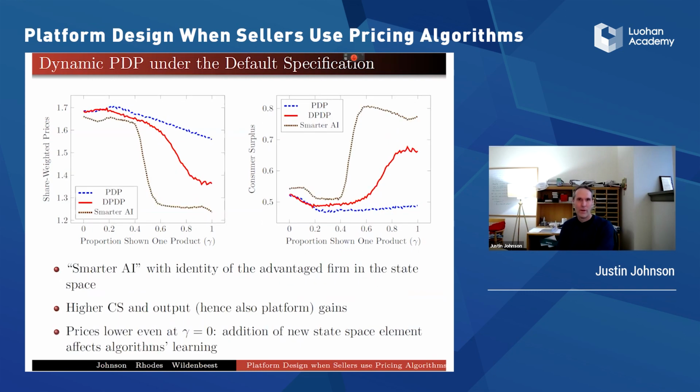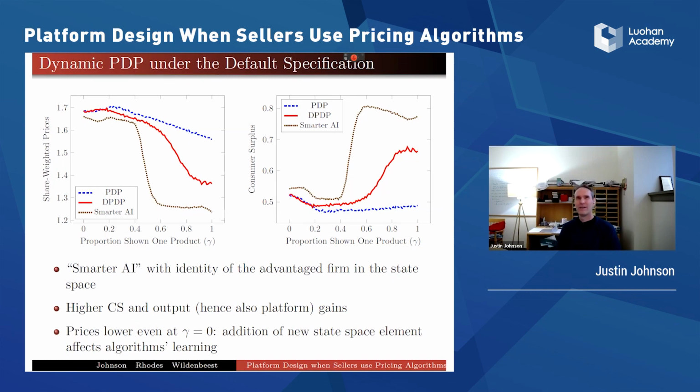We actually have a third policy, which is the same one as dynamic PDP, but we just let the algorithms behave in a slightly smarter way. And I haven't given you all the information here, so I know it's a little hard to know exactly what we're doing differently. But loosely speaking, we allow the algorithms to track the identity of the firm that has that special advantage.